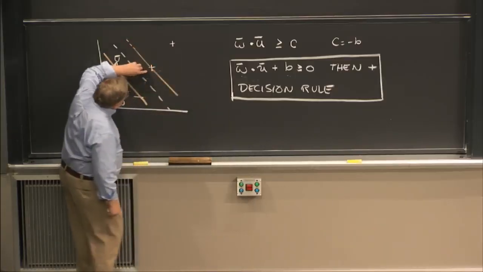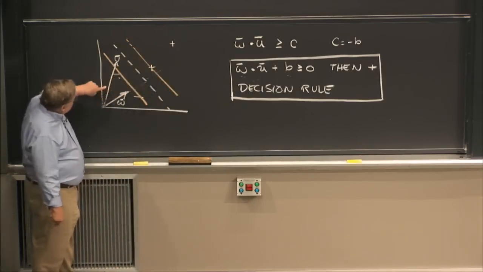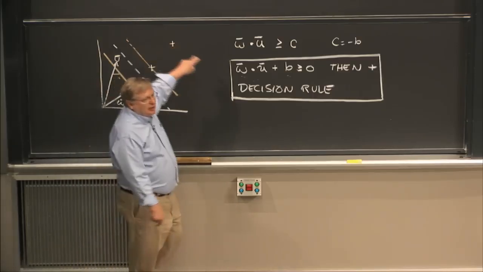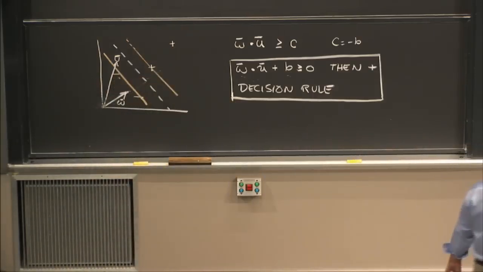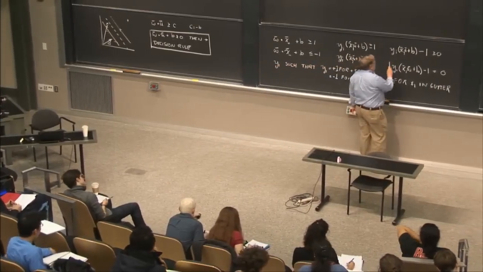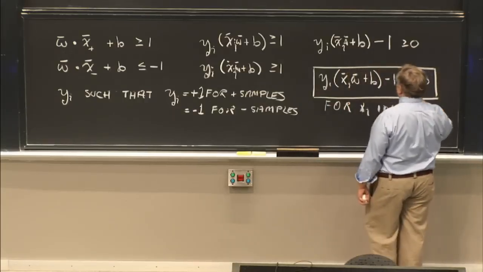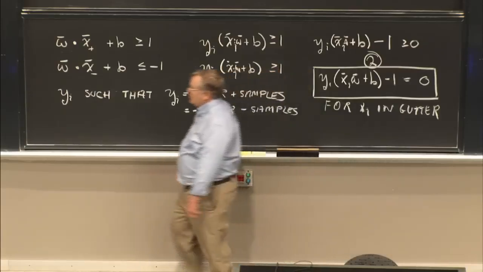So the value of that expression is going to be exactly 0 for that sample, 0 for this sample and this sample, not 0 for that sample. It's going to be greater than 1. All right? So that's step number 2. And this is step number 1.